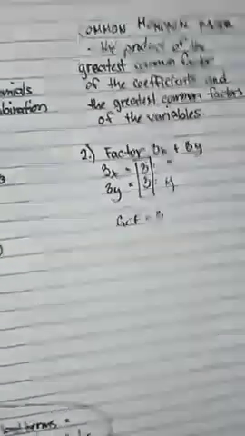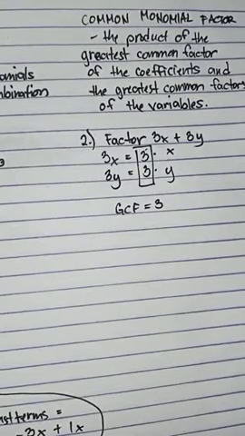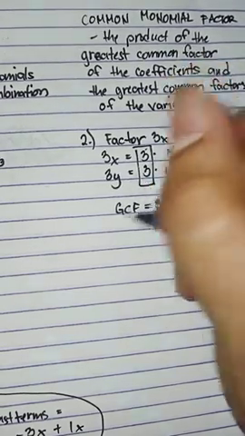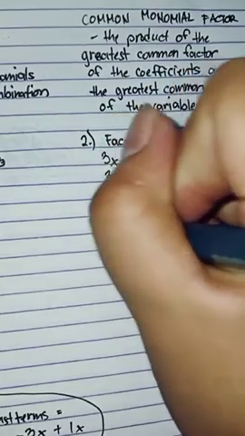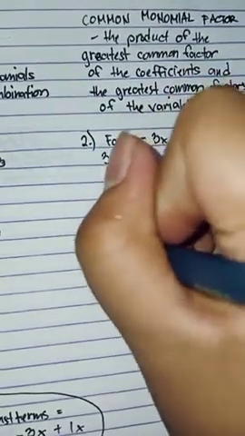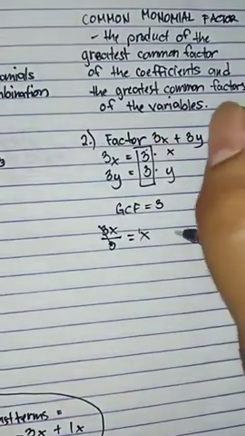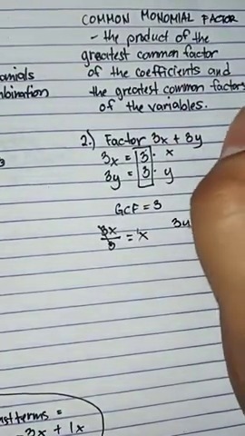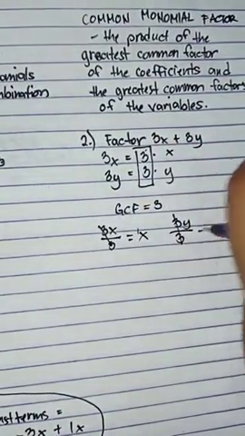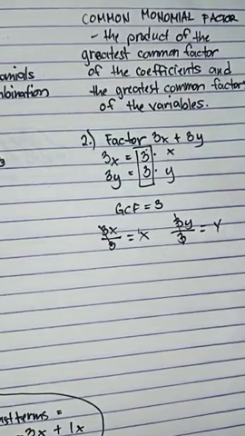Next, let's go to step 2. Step 2 is divide each term by the greatest common factor, GCF. 3x divided by 3, cancel that, we have x. 3y over 3, cancel, we have y.